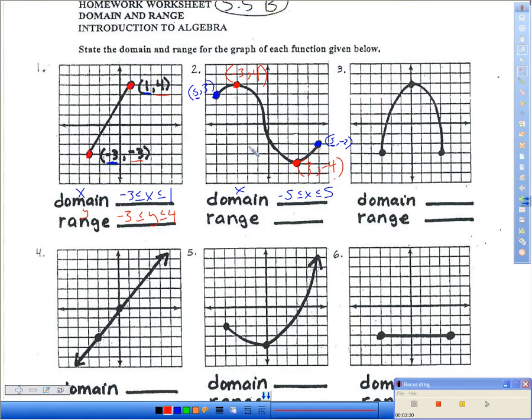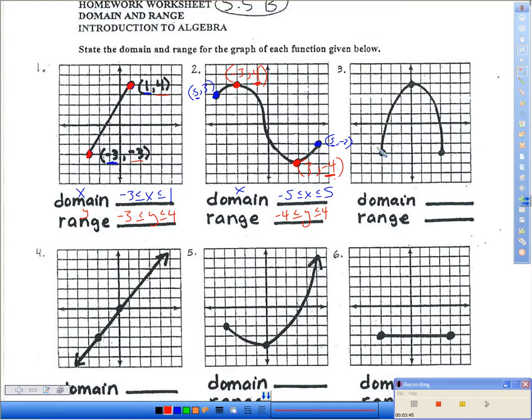So the y values are going to span all the way from -4, which is the bottom point, all the way up to +4, the highest point. So we would write that as -4 is less than or equal to y is less than or equal to +4. And then we'll look at one more on number 3.